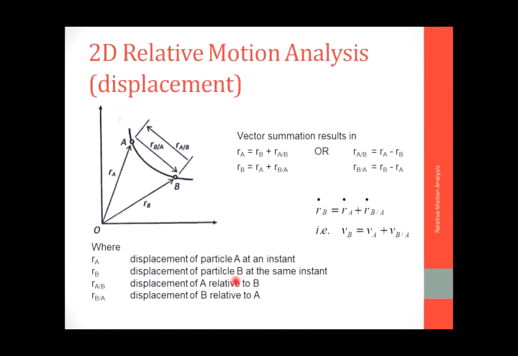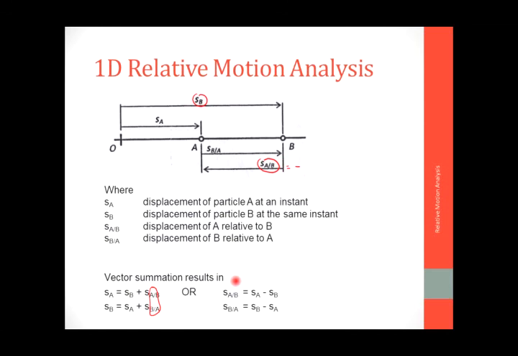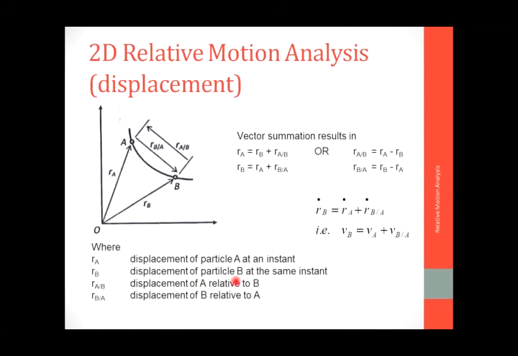For the relative motion analysis in 2D: previously that was 1D because it is linear motion, and curvilinear is 2D. So we have particles in curvilinear motion at different positions.